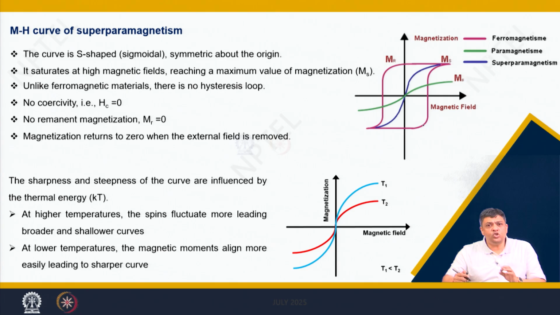So, what is superparamagnetism? Just by looking at the hysteresis loop, you can see ferromagnetism is a loop which is having large area. Paramagnetism is no loop, but superparamagnetism has nearly no opening of the loop, but it has much higher saturation magnetization, and then this can be used for various applications.